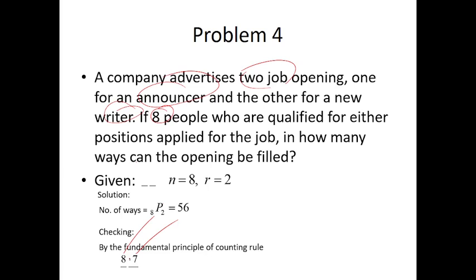It is not 8 times 8, because then someone could be both announcer and new writer, and that is not allowed. What is allowed is one is announcer and the other is a new writer. So there are 7 options there. So, 8 times 7 is 56.